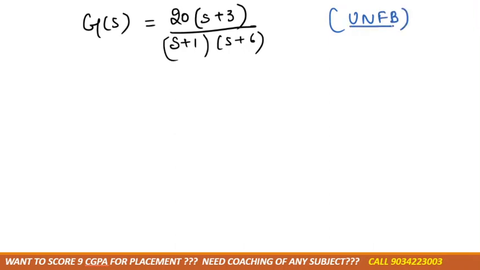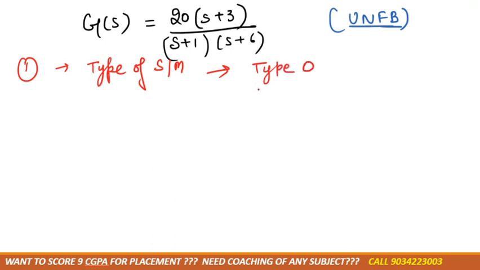UNFB means unity feedback, and for this they first ask you the type of system. You know the type of system. How can we calculate the type of system? I told you in the Bode plot, we have type 0, type 1 and type 2, right?